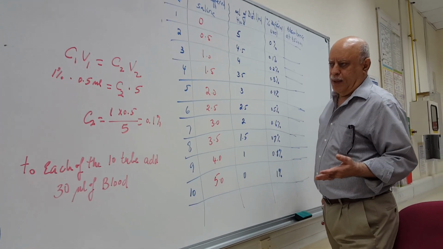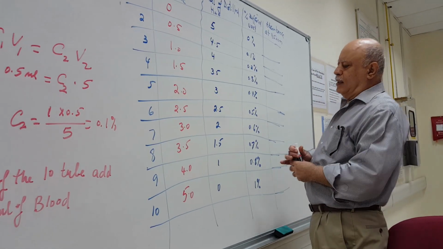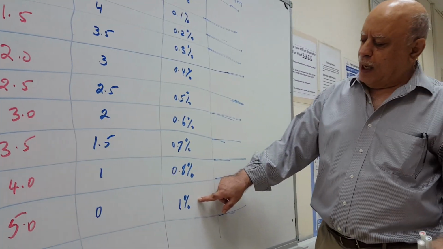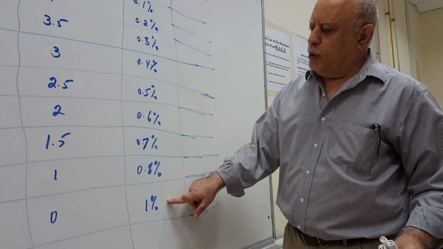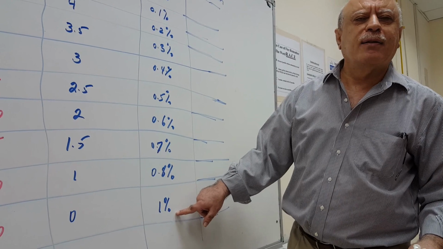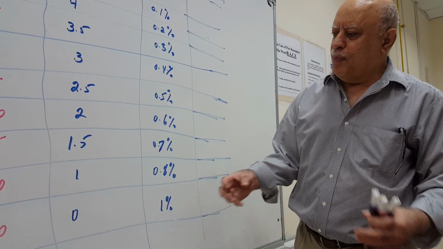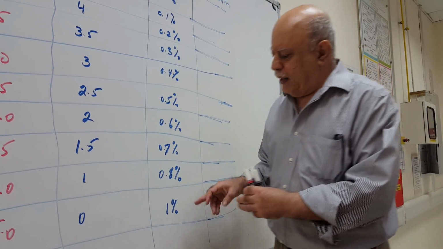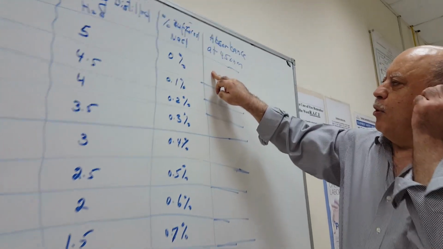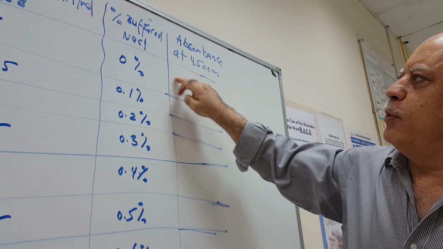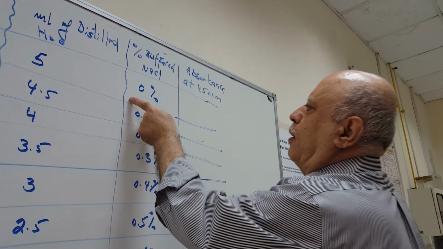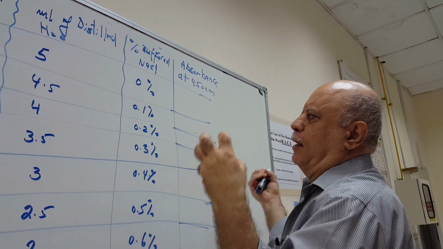Now, let's start with number 10. Since it's hypertonic, we don't expect any red cells to lyse, 0% lysing, because in fact the cells will shrink. While tube number 1, which is the most hypotonic, 0% saline, there's no saline, the water goes from outside to inside the cell and it bursts.